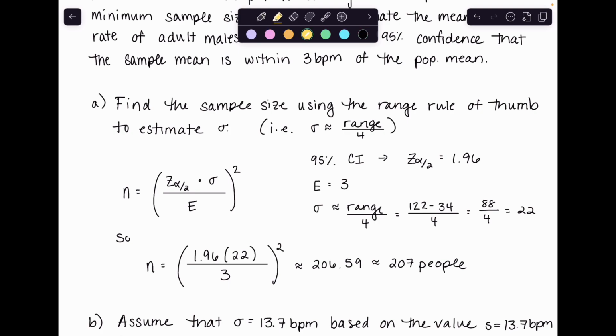If I round down, I can't guarantee it's a 95% confidence interval. So in this case, using that estimate, I should take a sample of 207 people to guarantee that I have a 95% confidence interval with an error of 3.